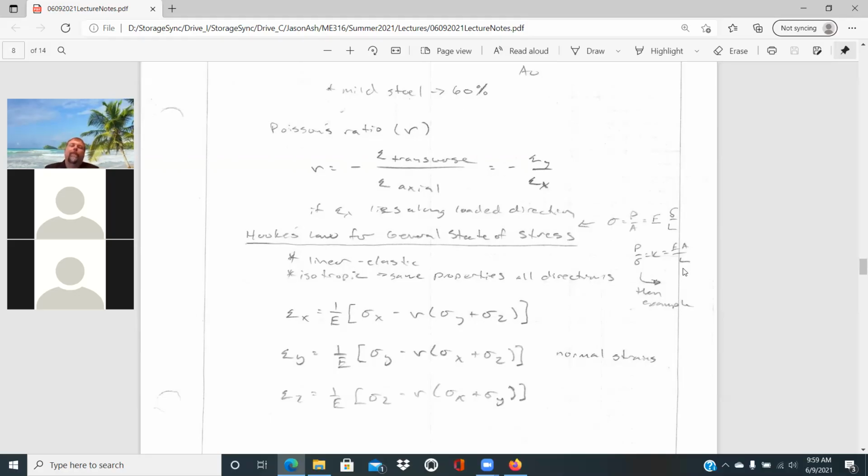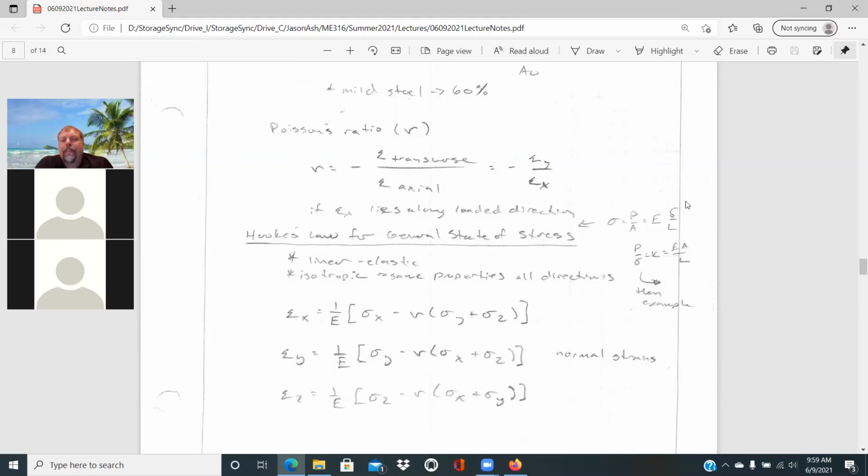When we relate back to the force versus displacement plot, we can calculate what the stiffness would be based on the Young's modulus of the material, the cross-sectional area, and the length. It's handy to see that the stiffness, which varies with respect to geometry, is a function of the material property and the geometry.